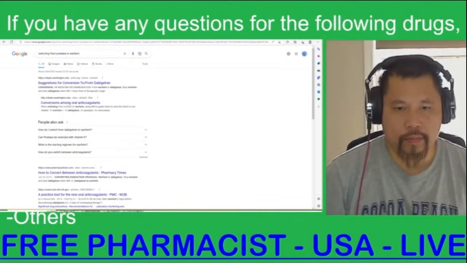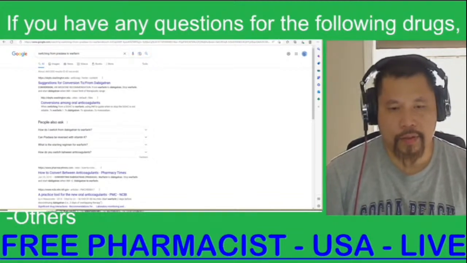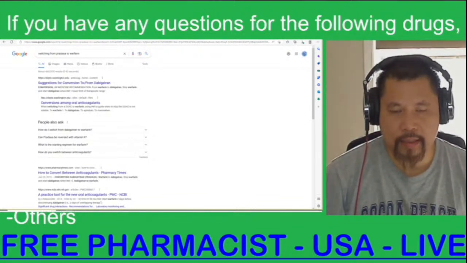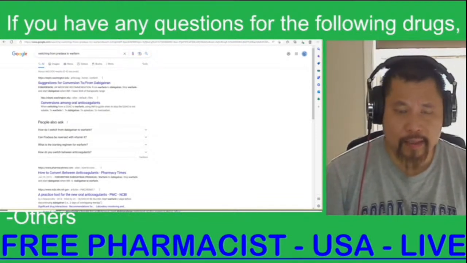So in the hospital setting, you can do daily INR. So you check the INR, and if it's less than 2, then just stop warfarin and start Dabigatran. But how about the outpatient setting?